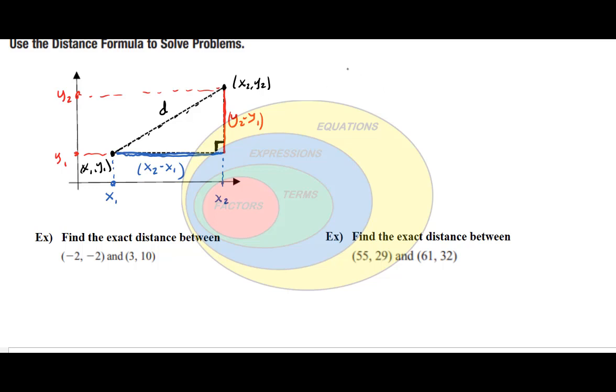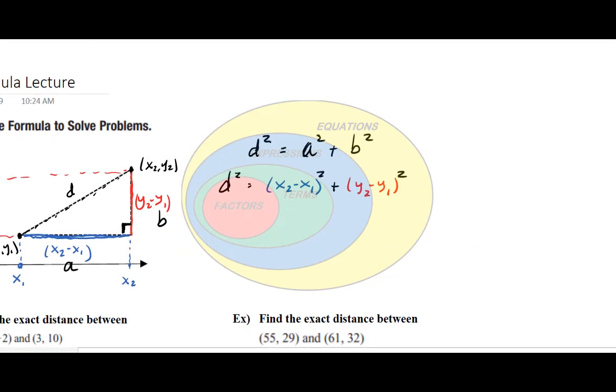So if d represents the hypotenuse, then for the legs, a squared plus b squared, maybe we can call this a and this b, then plugging this in, we get d squared equals a squared, which is represented by x sub 2 minus x sub 1, so that quantity is squared, plus b squared, which is represented by the difference in the y coordinates, y sub 2 minus y sub 1.